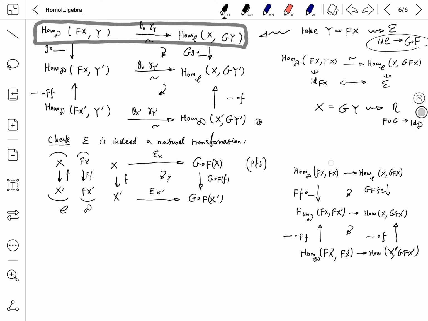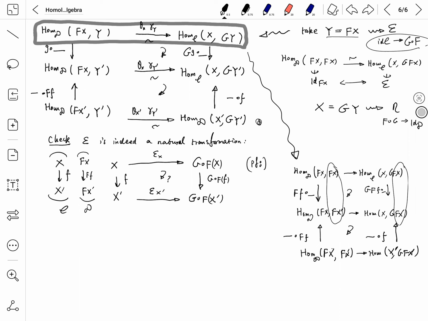So here we are applying to the second position the morphism. For the first position, horizontally we are applying, just replace y with fx.